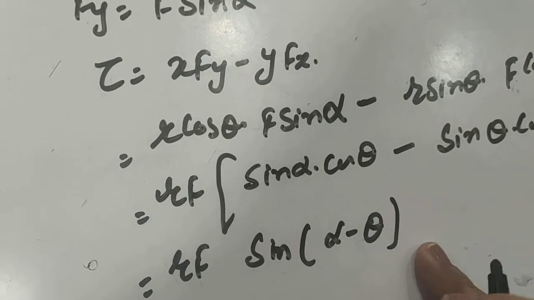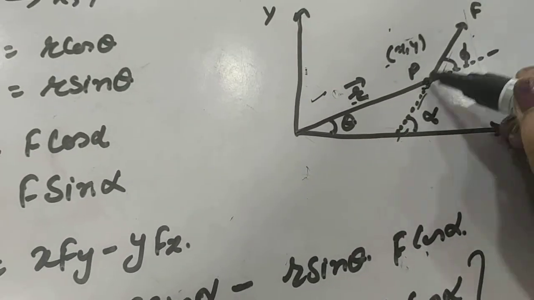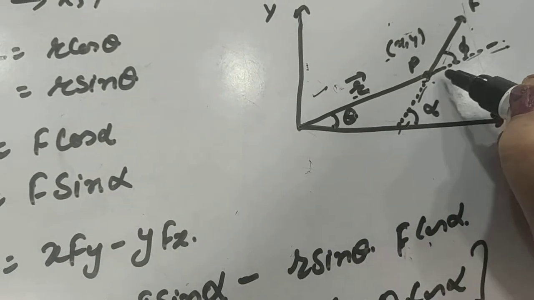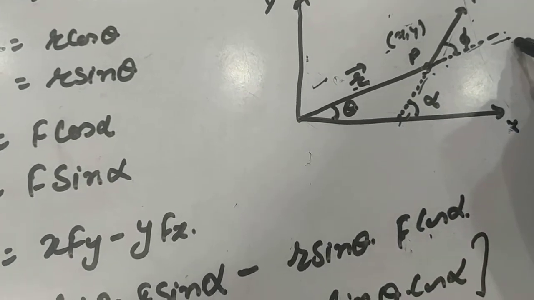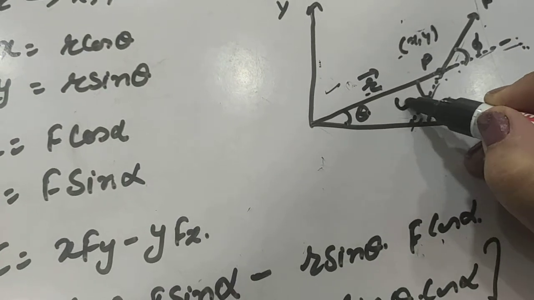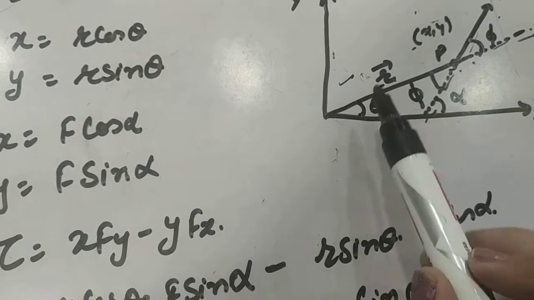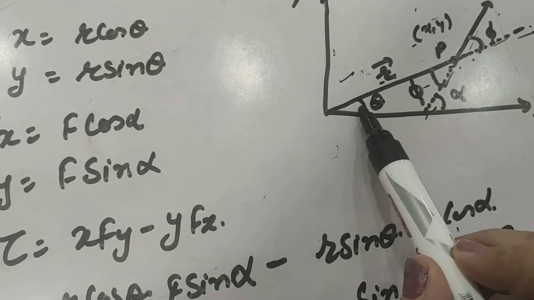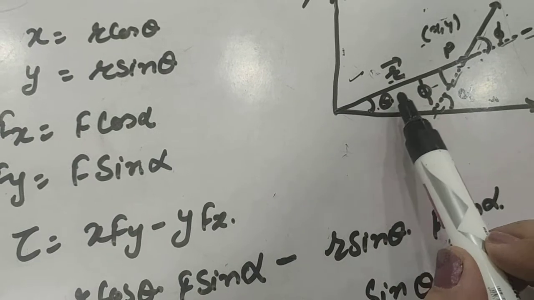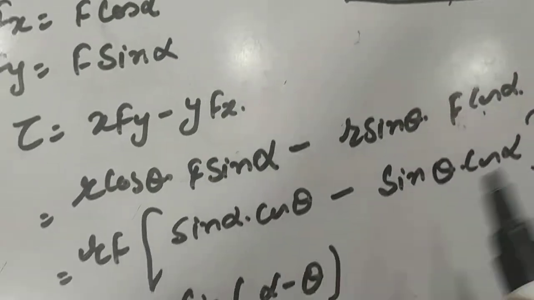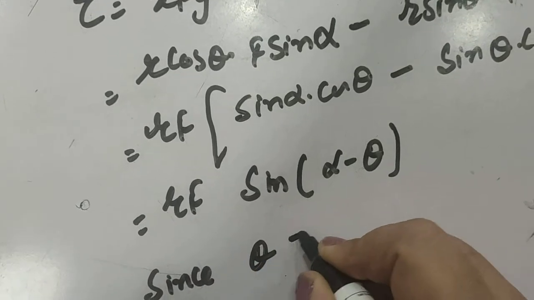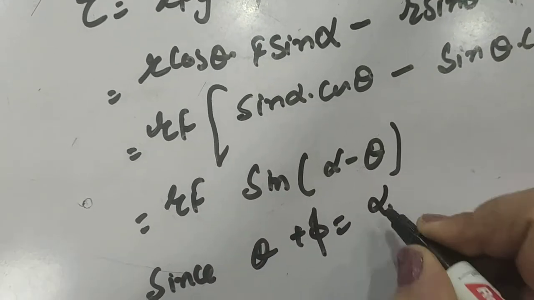Now suppose this line of action of force is making an angle phi with the position vector of point P. So this angle is phi. Now we can use the property that the sum of the interior angles is equal to the exterior angle, that is theta plus phi is equal to alpha.